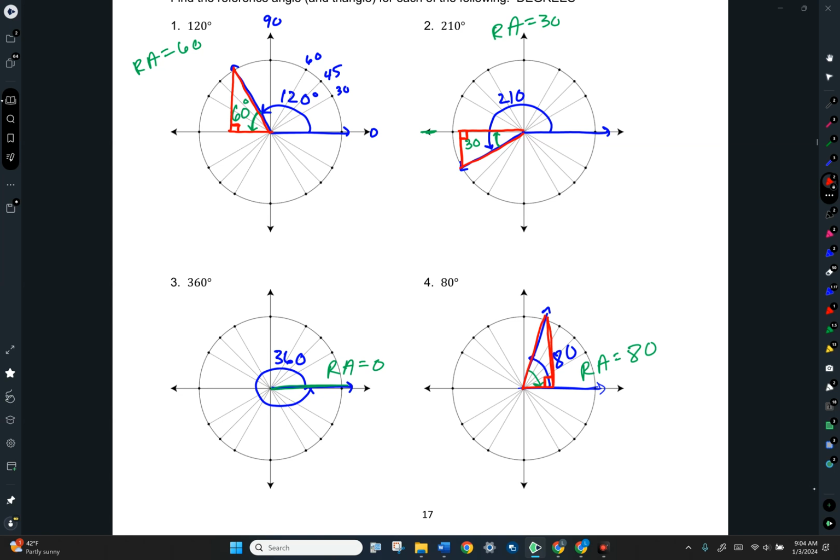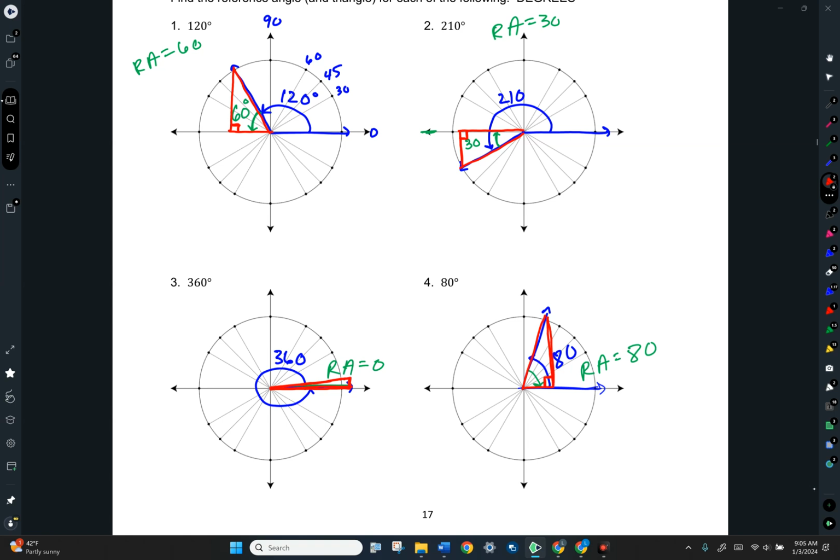Now, on number 3, because my reference angle was 0 degrees, it's kind of like you don't really see the reference triangle. So it's like, here's my terminal side, and it's on top of my initial side, and here's my perpendicular. It's kind of like if I were to cheat a little bit, even though that's really not 0 degrees, it's maybe 10 degrees or something.